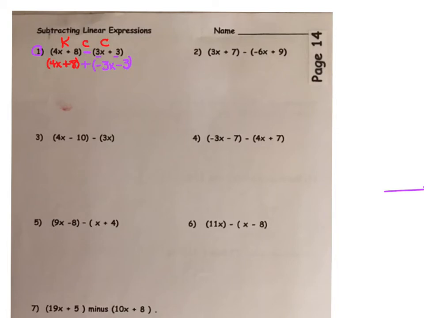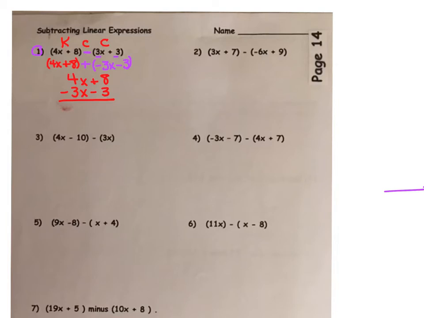Each term flips to its opposite. Now that you've rewritten your subtraction problem as an addition problem, it's time to stack and combine. We take 4x plus 8 and stack negative 3x minus 3 underneath.